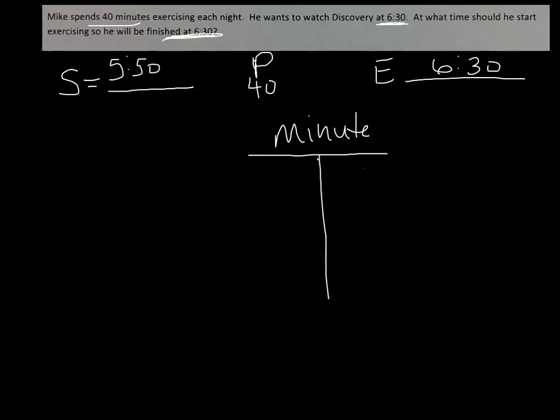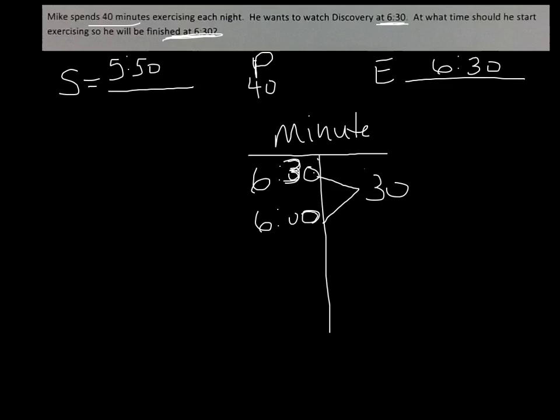I'm going to make another T-chart, and I'm just going to go down this time. So it's 6:30, and I need to go back 40 minutes, right? If I start at 6:30, sorry, I wrote the wrong number. If I start at 6:30, I know that to get to 6 o'clock, because it's 0, it's 30 minutes. So I didn't need to count by tens here because I know that.